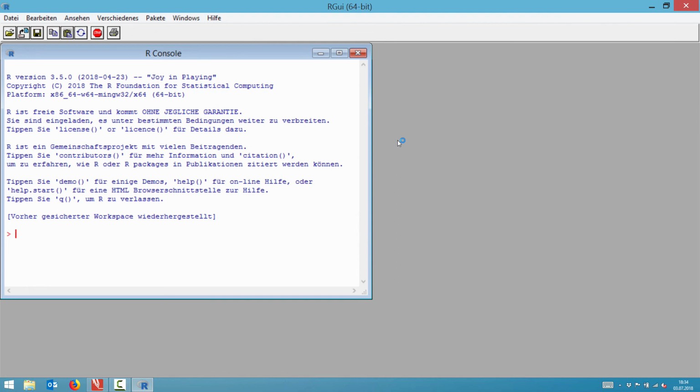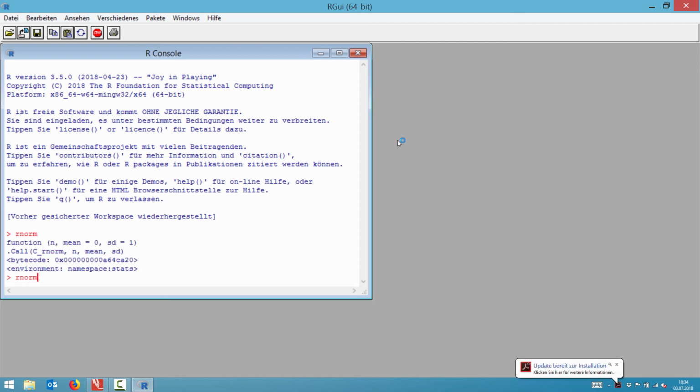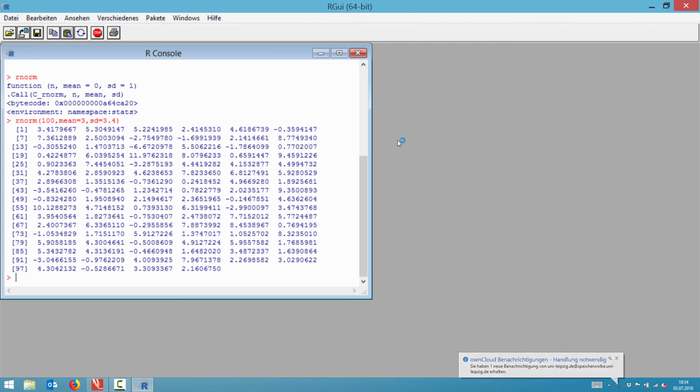Okay, what do you want? T or Gaussian? Let's take our norm. How many do you want? 10,000? Let's do 100. Which parameter? Mean equal to 3, SD equal to, let's say, 2.3. There you have it.